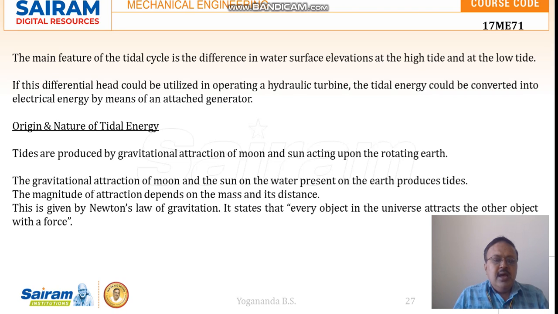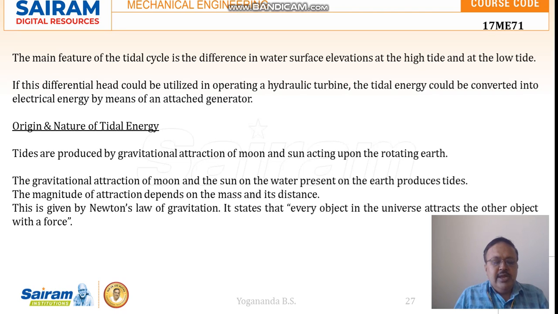So, what is the origin and nature of this tidal energy? How are the tides produced? They are produced because of the gravitational attraction of the moon and the sun, as the earth rotates about its own axis and revolves around the sun. This gravitational attraction of the sun and the moon on the water present on the earth's surface produces the tides.